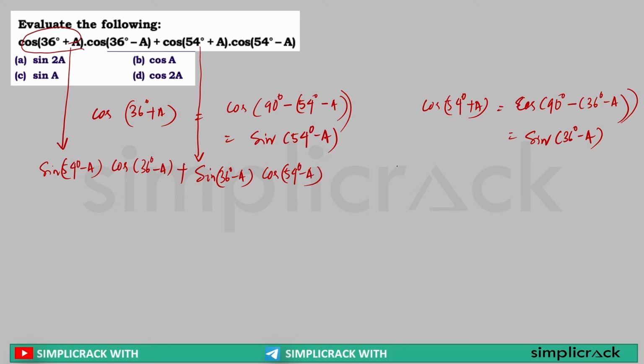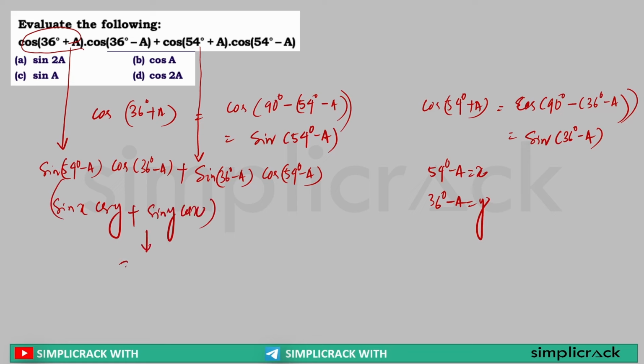Now let's say 54 degree minus a is equal to x, 36 degree minus a is equal to y. So this will be sine x cos y plus sine y cos x. What is the formula of this? This is equal to sine(x plus y). That means sine((54 degree minus a) plus (36 degree minus a)). Yes, sir.